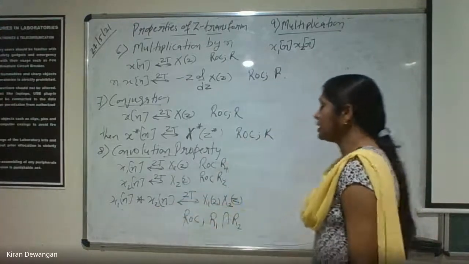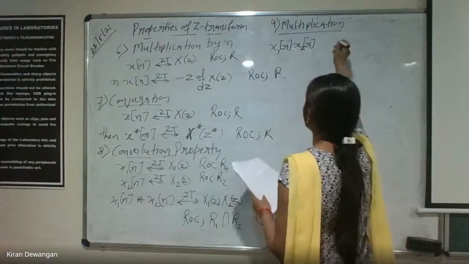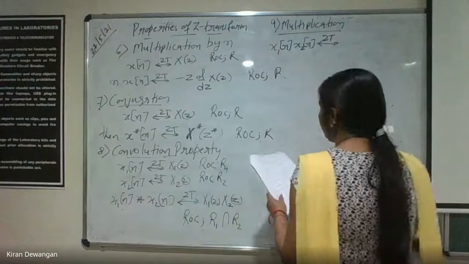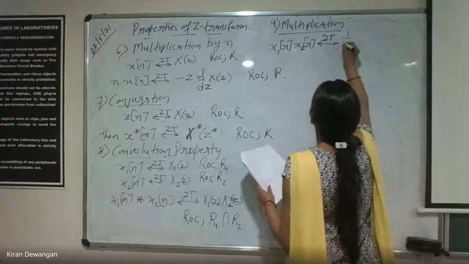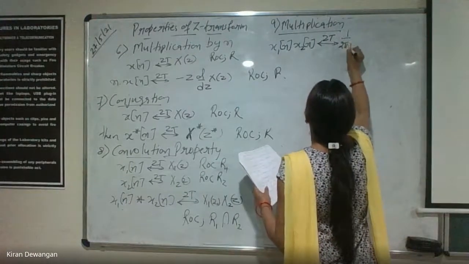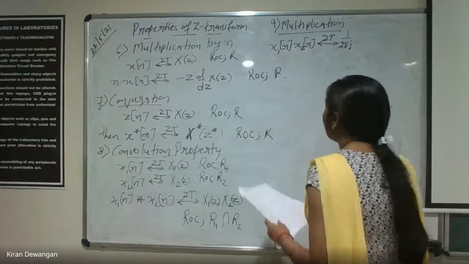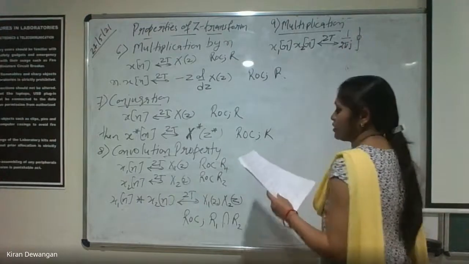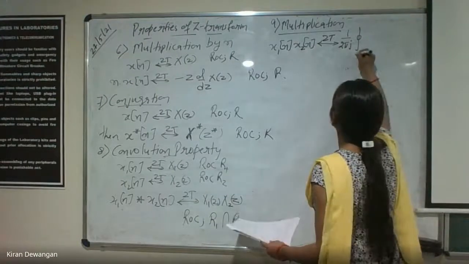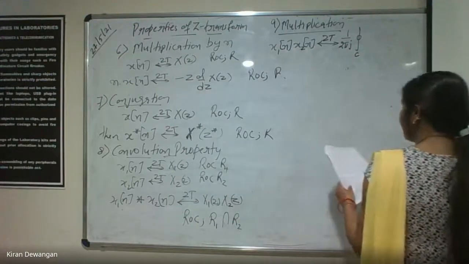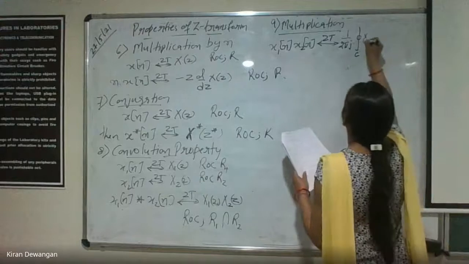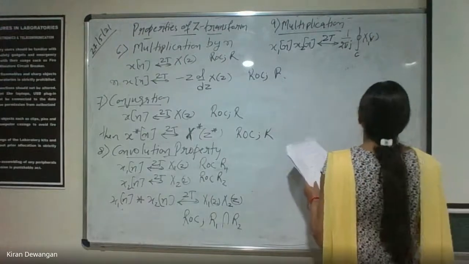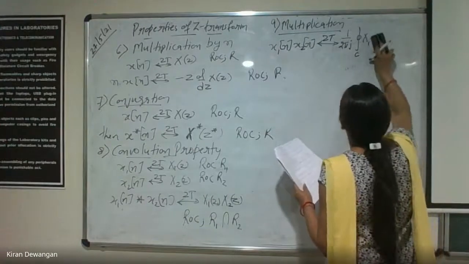Now, if I am taking multiplication in the time domain, then the Z transform would be 1 by 2 pi j times a contour integration. Here I am taking v, a different variable; I am not taking z here.